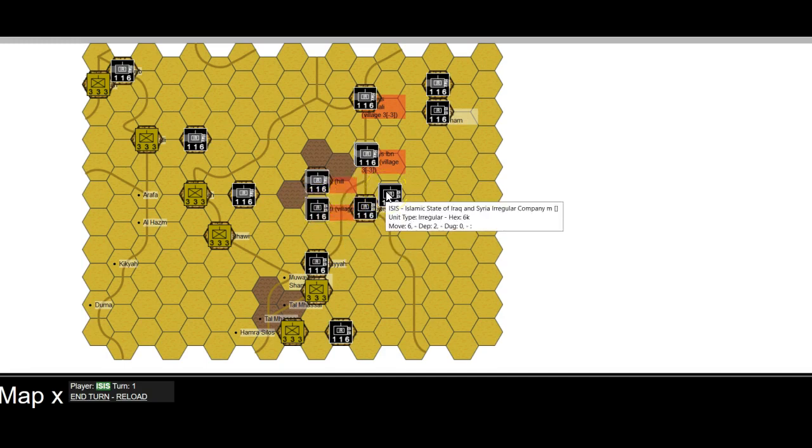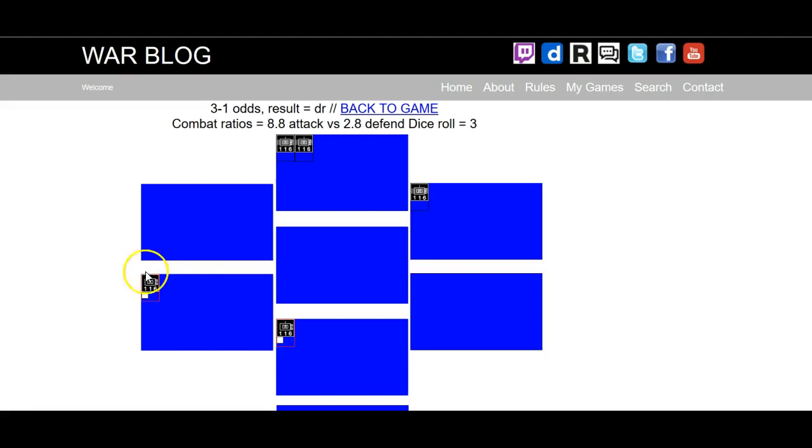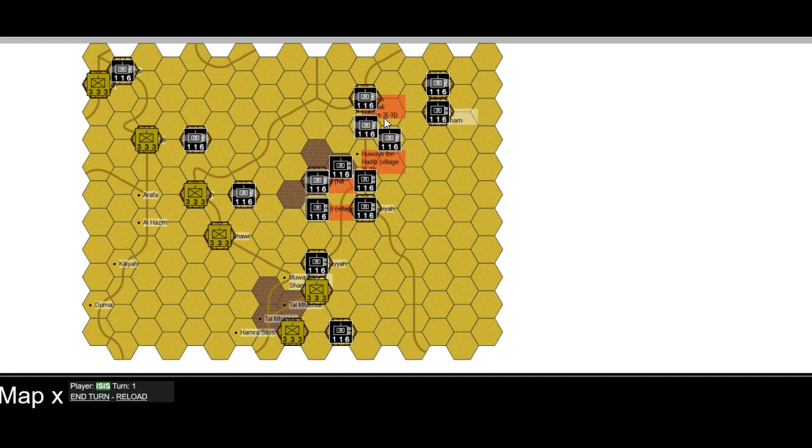And here. 3 to 1 and a DR. It's quite an interesting dynamic, really, because both sides are good at attacking, and every time they attack, there's a greater chance that they'll succeed, but they're not very good at defending.